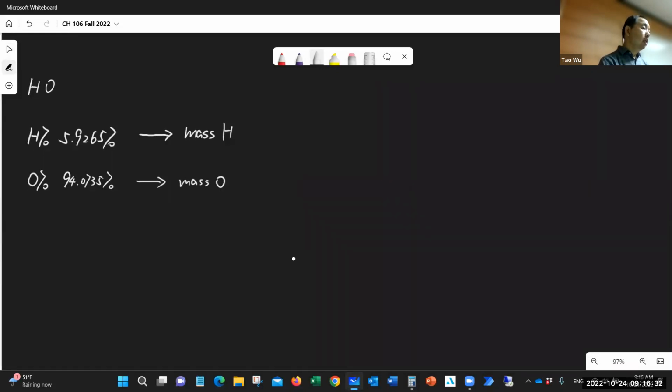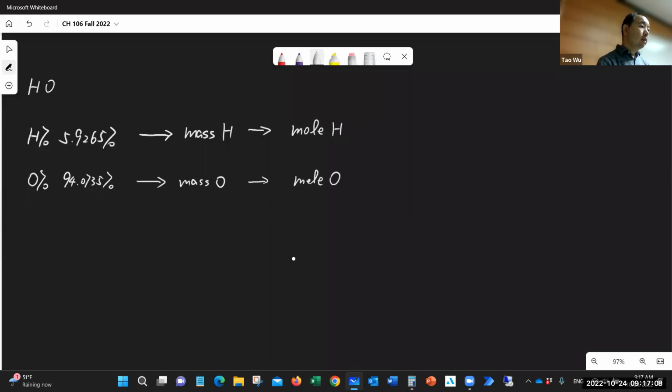And then you're going to convert the mass of each element to the moles of each element. I'm going to write the pathway first, and then I'm going to explain why you're doing so. So you figure out the moles of hydrogen based on its mass, and then the moles of oxygen. This is the second step.